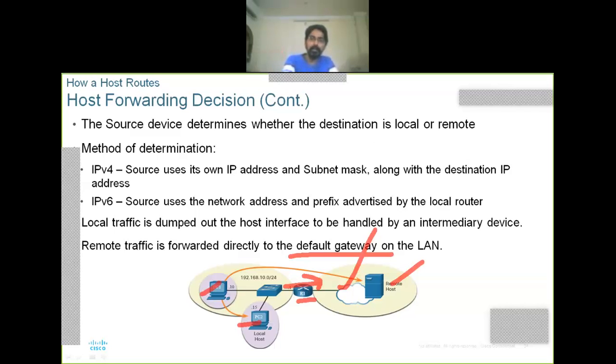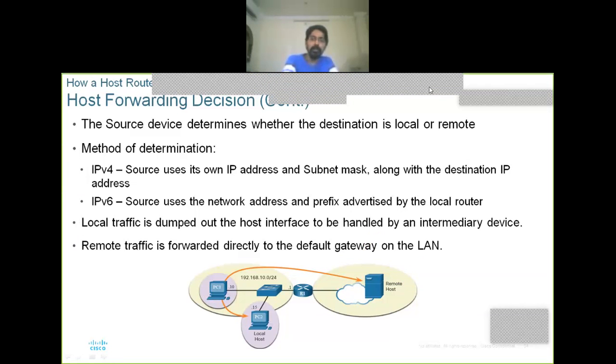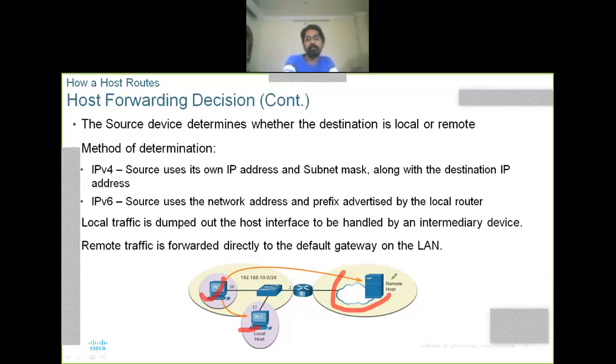Like this in computer networks also, for all the devices in the LAN, if these devices want to communicate with the outside world or outside network, we have a default route. That default route is called the default gateway.